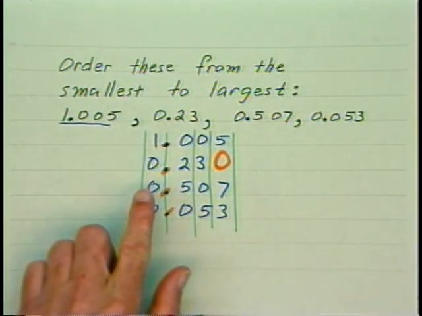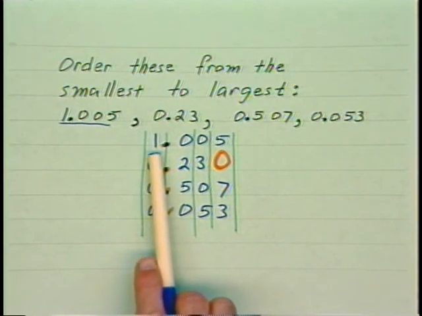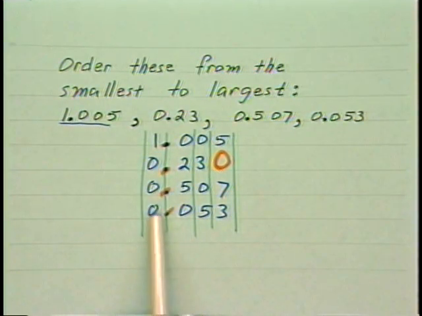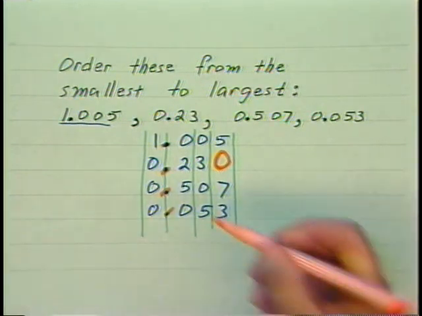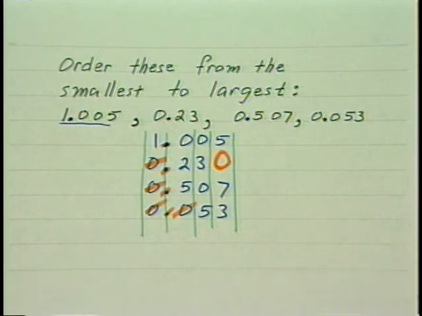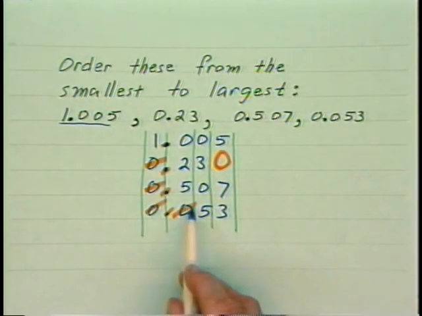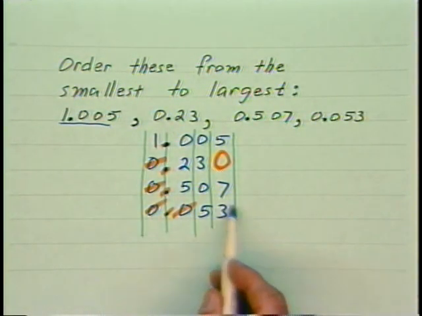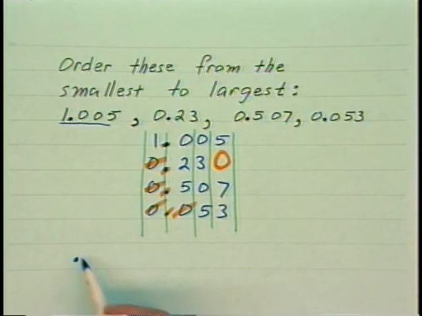So if the decimal points weren't there, then of course this 0 is not necessary, nor is this, nor is this, or this. So therefore we could see, just knocking off temporarily those unnecessary decimal points, that this is the smallest. Well, actually I couldn't really knock this off, so this is really the number 0.053.